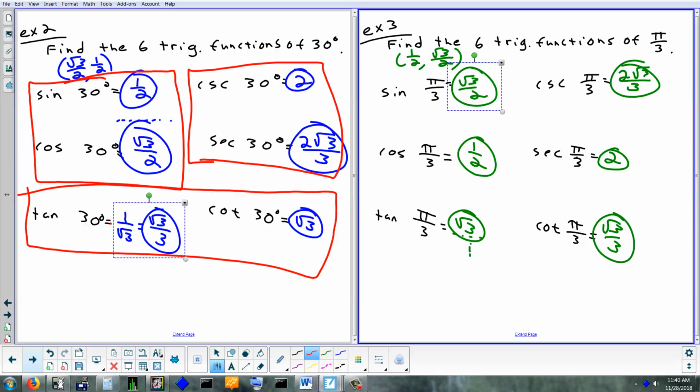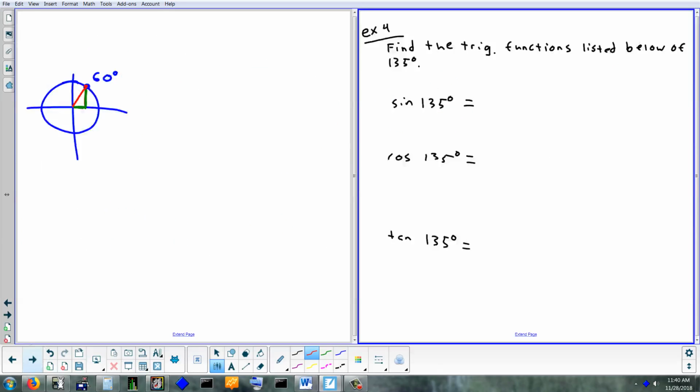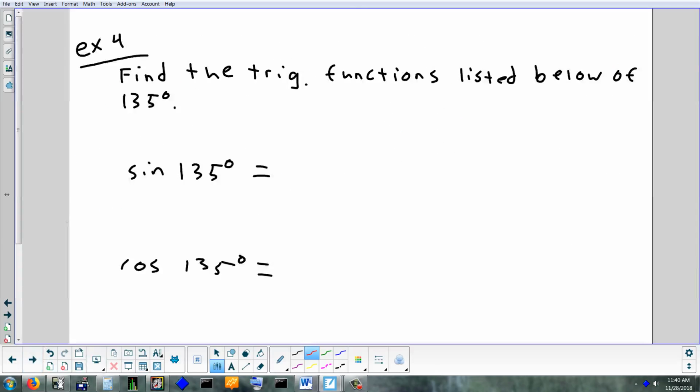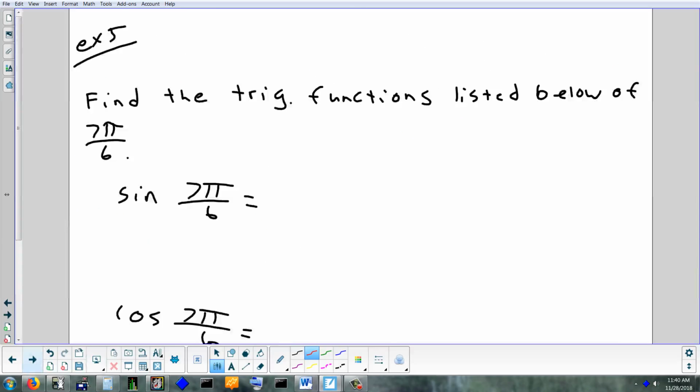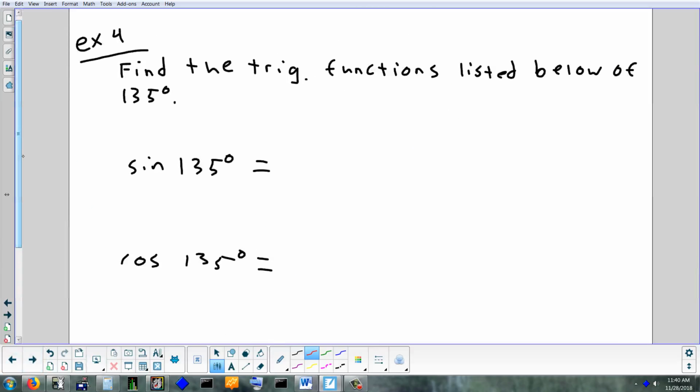All right, let's try 135. This time, just the sine, the cosine, and the tangent. Now we're in a different quadrant. When you have an angle that's not a quadrantal angle, you've got to figure out the coordinate based on the right triangle.